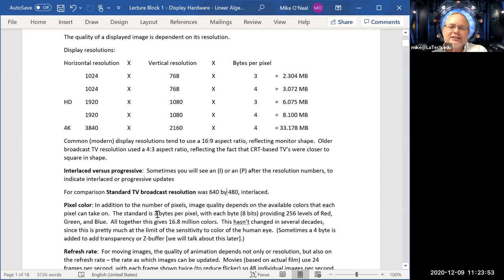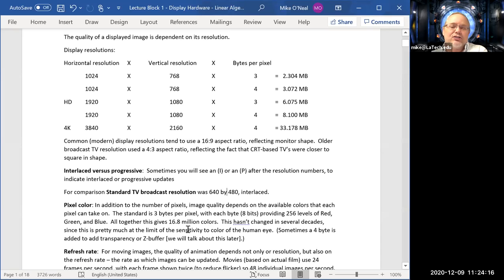So you have essentially 256 levels of red, 256 levels of green, and 256 levels of blue. That's called 24-bit color because you're using 8 bits for red, 8 bits for green, and 8 bits for blue. That gives you about 16.8 million colors.